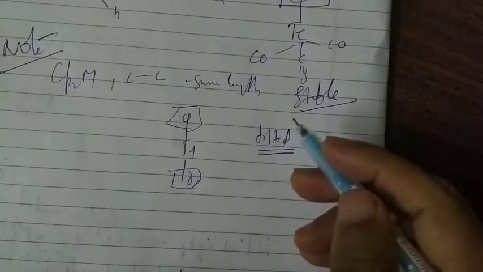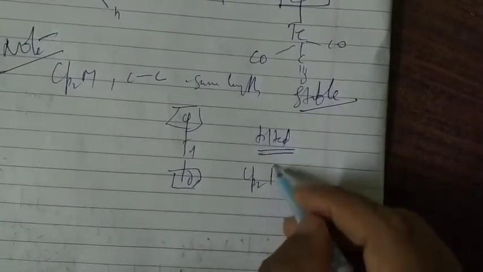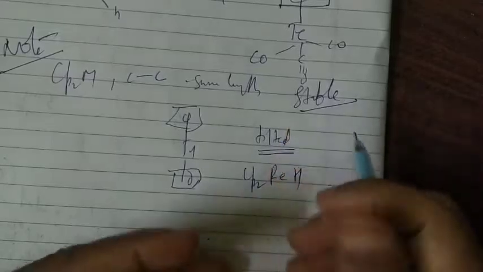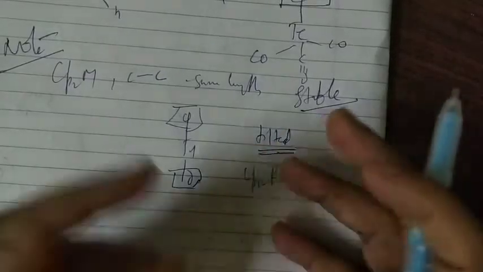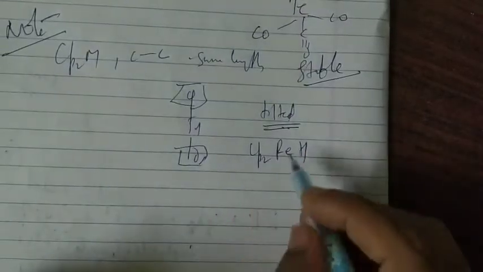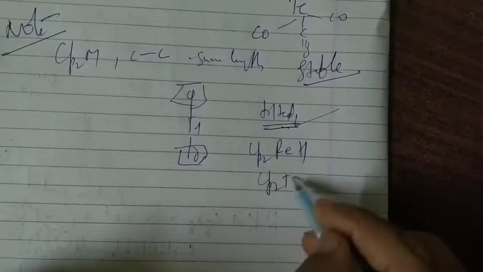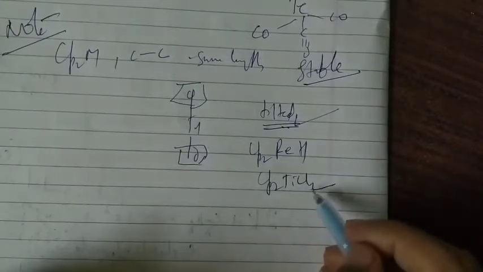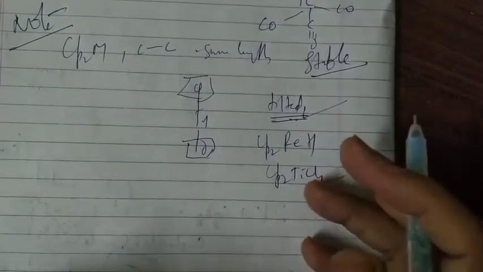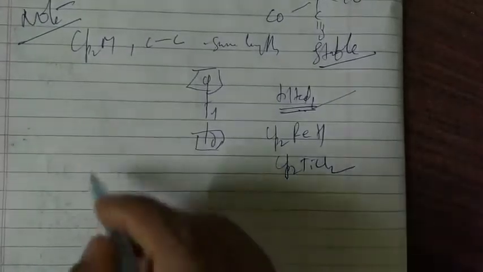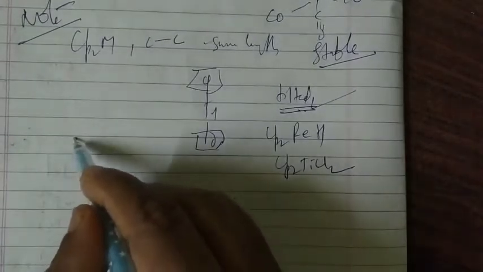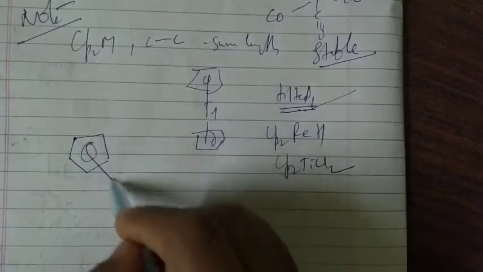And when this happens, for example Cp2 rhenium, a big molecule, because of lone pair of electrons or bulkiness or hindrance, whatever we come across, we can see that they are going to form tilted molecules, like for example titanium cyclopentadienyl chloride, okay, or tantalum hydride. So all these things are going to form the tilted structure, like this we can show, okay.